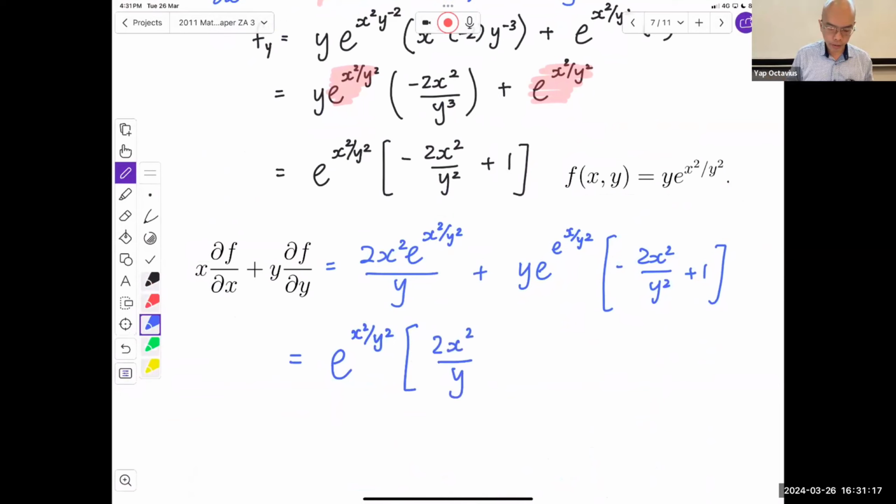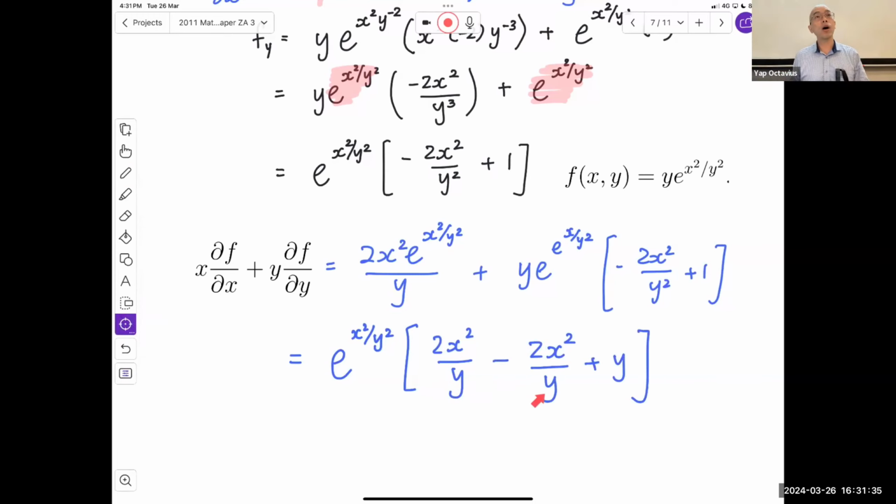Then you multiply this y inside, so you get negative 2x squared. Now cancel off 1 over y in the denominator, then plus y. So these two terms will cancel off. And then you get back y times this, which is what you want. y times this, and this is this.